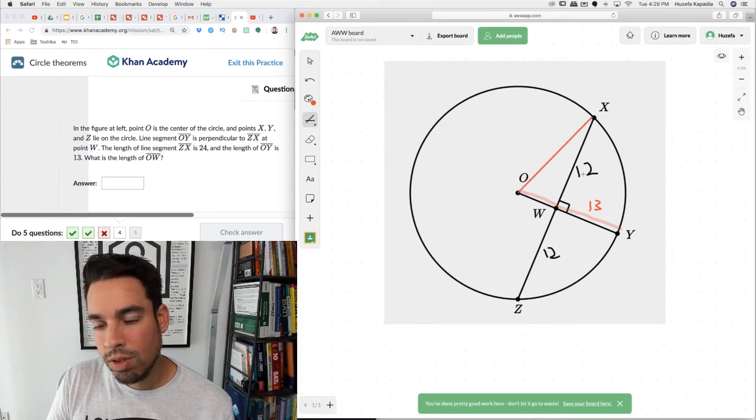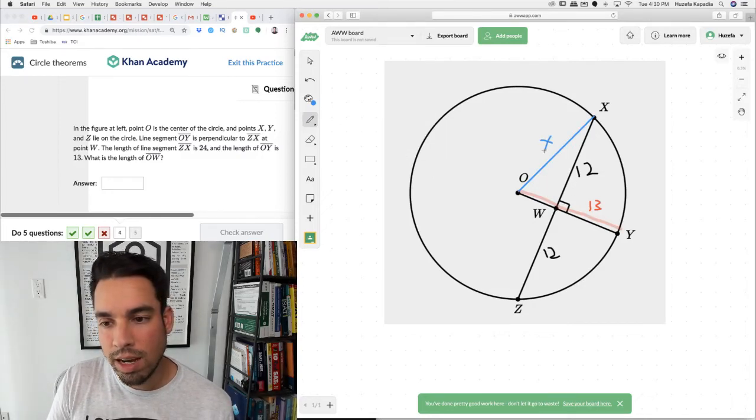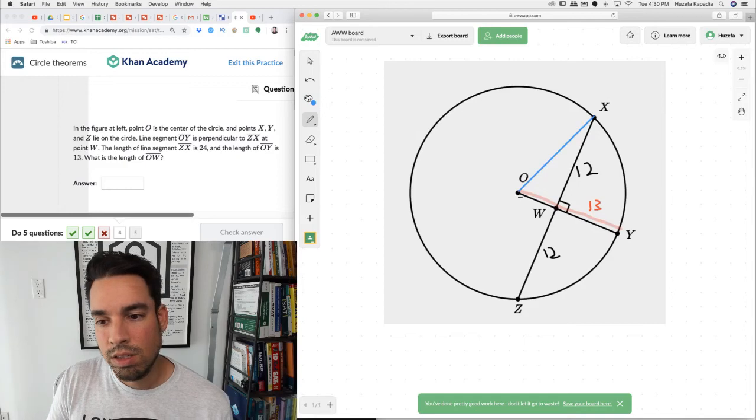Do a little Pythagorean theorem again. Let's make that blue. If I call the radius x, well, this is also the radius. Oh wait, it's 13. I don't even need to call it x. Since OY is 13, this is 13.